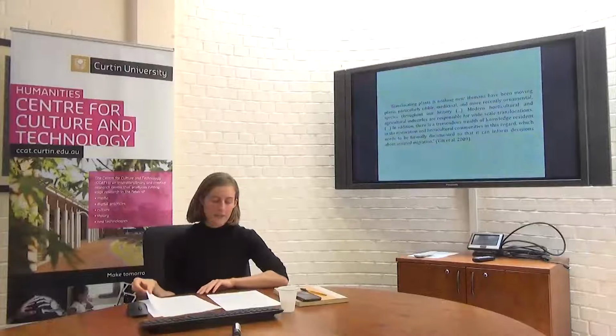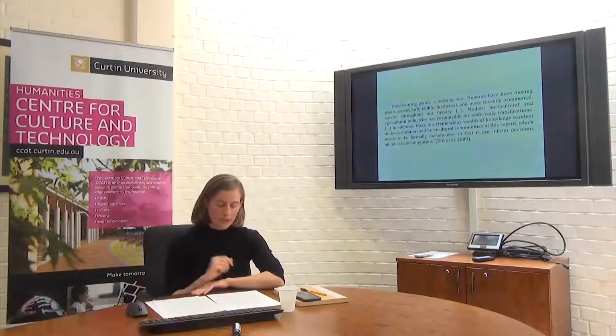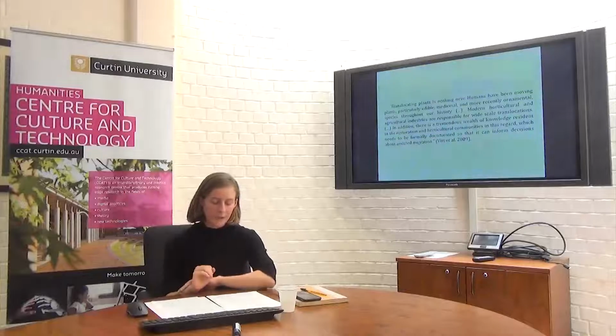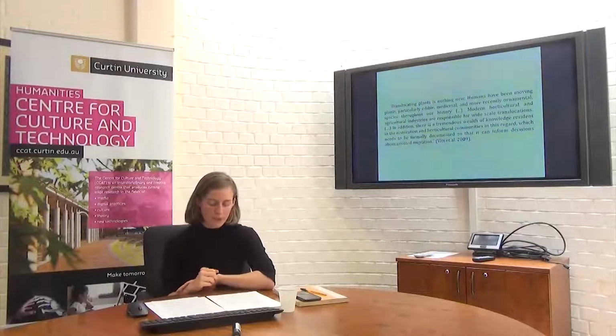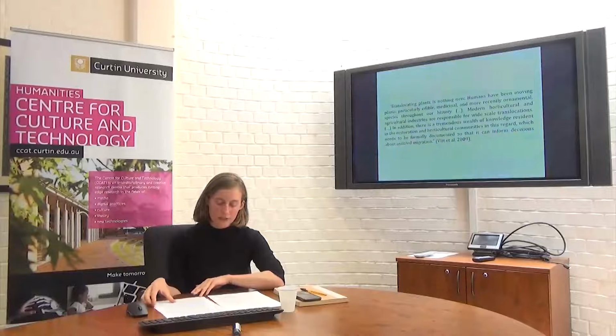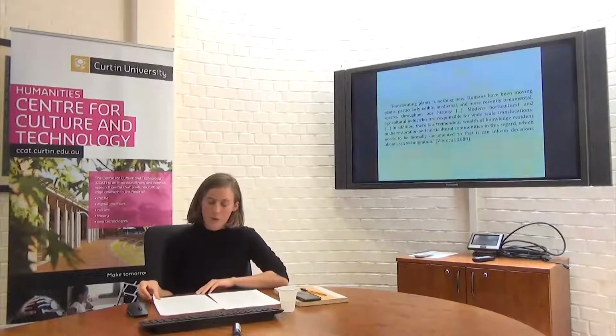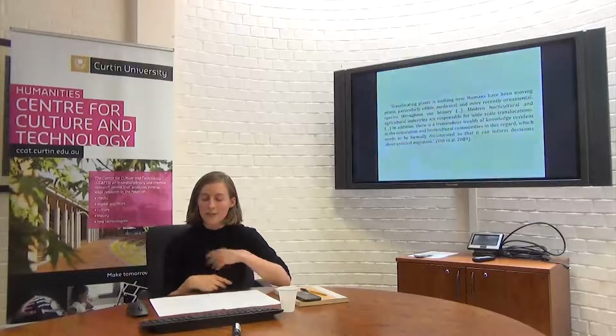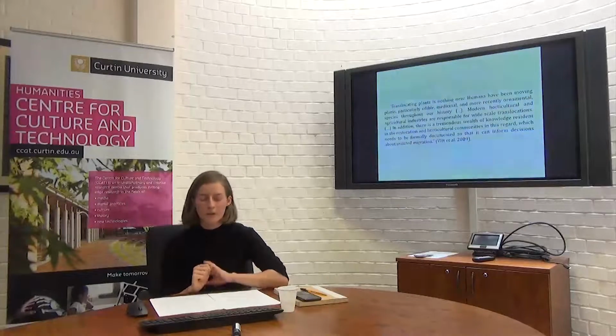Humans have been moving plants, particularly edible, medicinal, and more recently ornamental species throughout our history. Modern horticultural and agricultural industries are responsible for wide-scale translocation. In addition, there is a tremendous wealth of knowledge resident in the restoration and horticultural communities in this regard, which needs to be formally documented so that it can inform decisions about assisted migration.